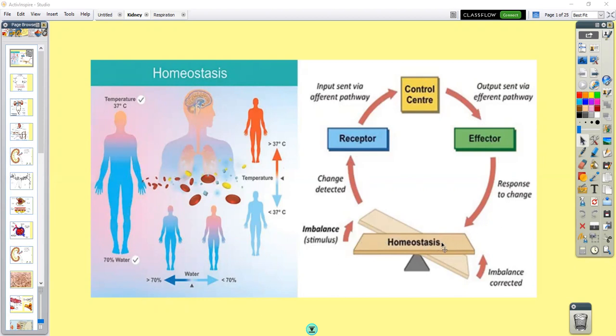So if things get unbalanced, we need receptors to detect that. We need a control center, most often the brain, to make a decision to release, usually, a hormone, which is then released by the effector, and that will bring things back down to normal again.